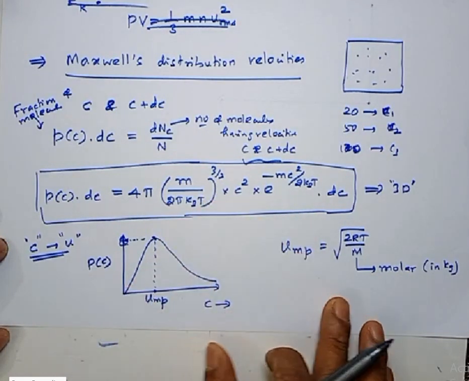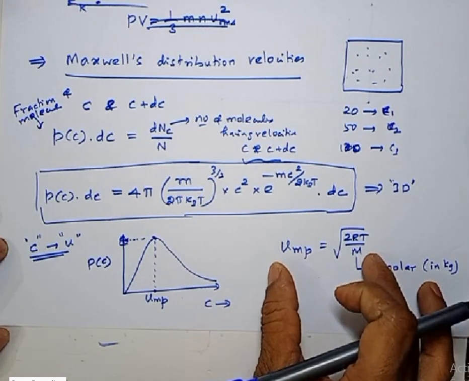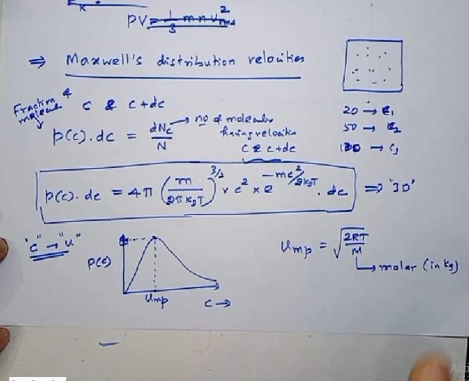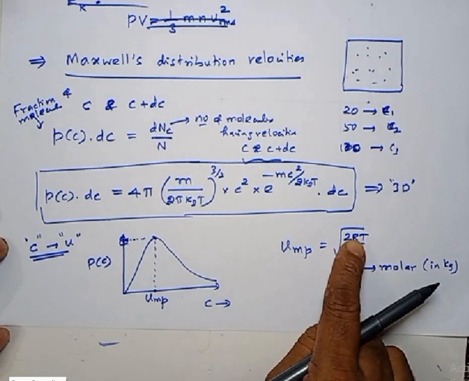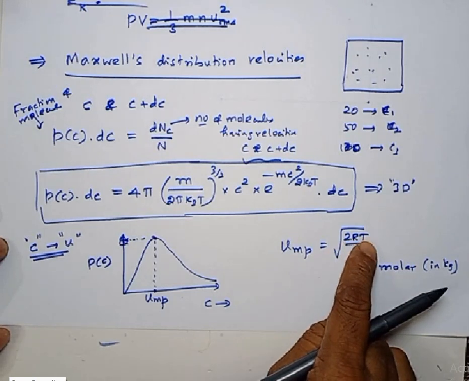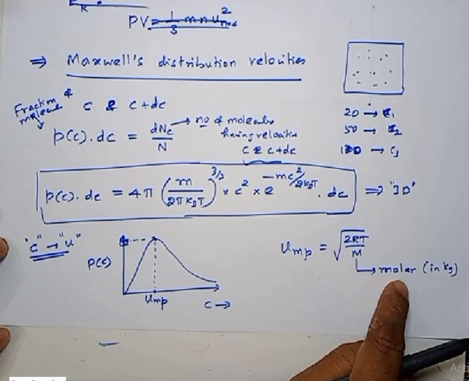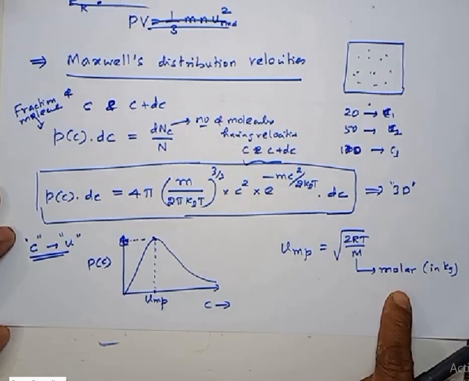I didn't show the derivation, but the most probable velocity is equal to the square root of 2RT by M, where 2 is a constant, R is the gas constant, T is the temperature in Kelvin, and M is the molar mass, which should be in kilograms.